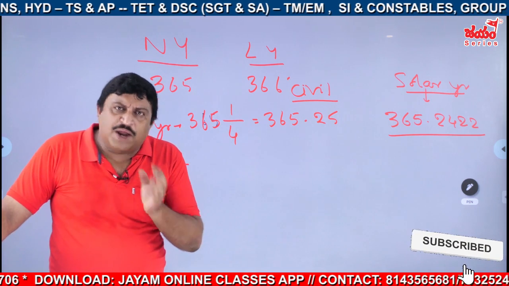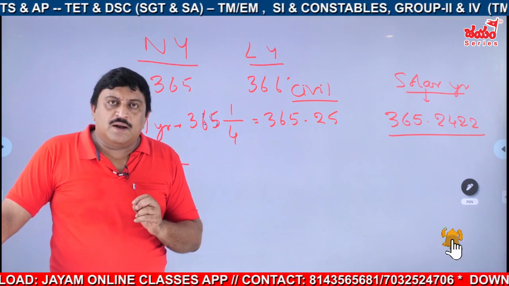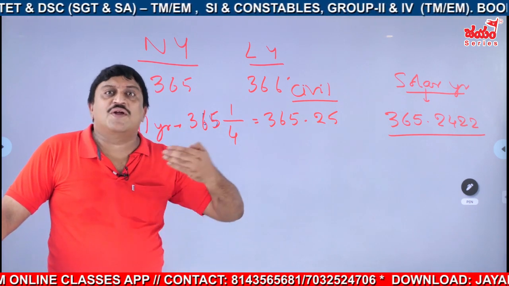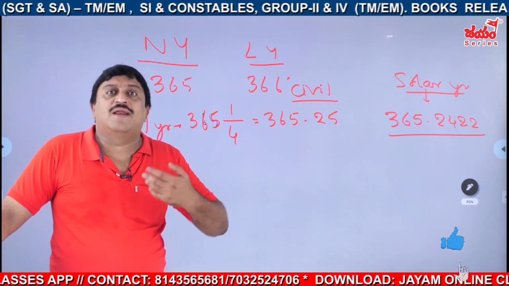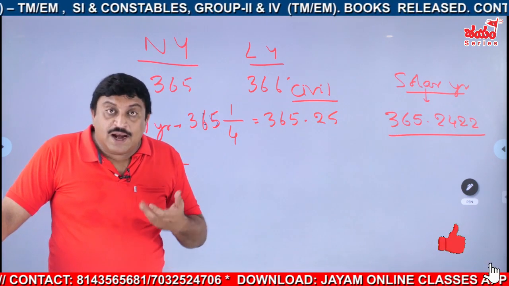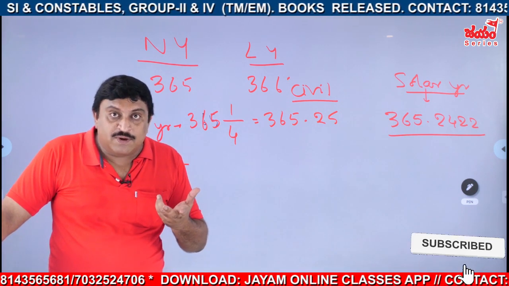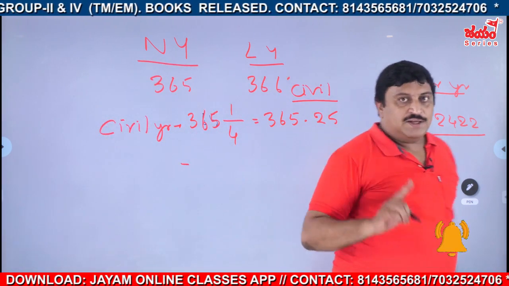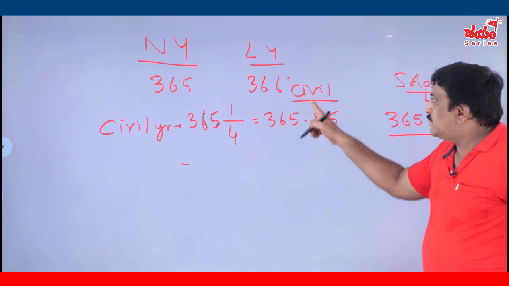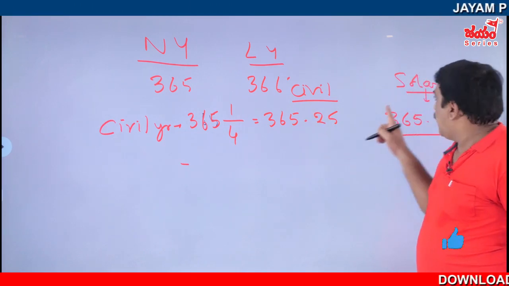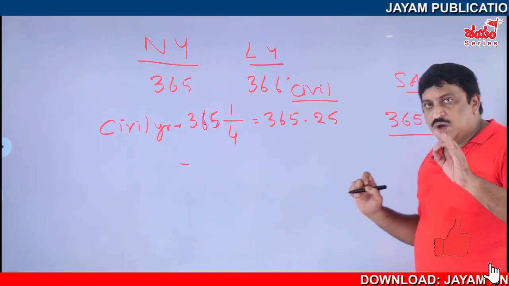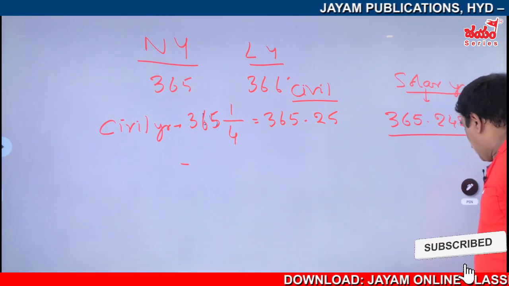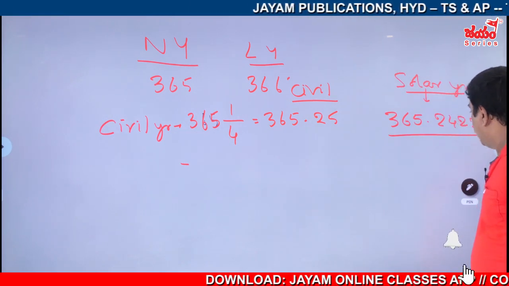Definitely, it's a minute thing for you, but over a period of time, it becomes a big error. Let us see what happens now. Just note it down that the civil year is 365.25, and the solar year is 365.2422. Now I am going with the discussion.